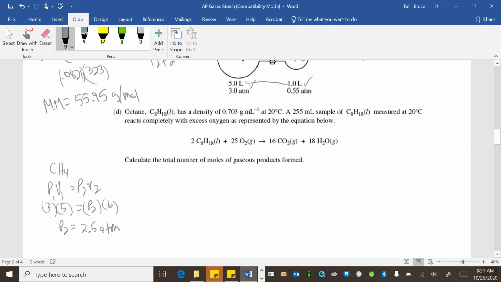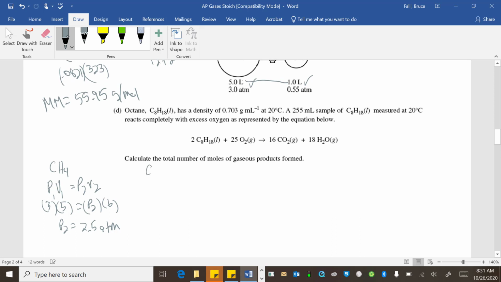The other gas was C2H6. Same thing. You don't have to write it twice. The original pressure is 0.55, original volume is 1, new pressure is what we're solving for, volume is 6. So 0.55 times 1 is 0.55, divided by 6, P2 equals 0.0917.